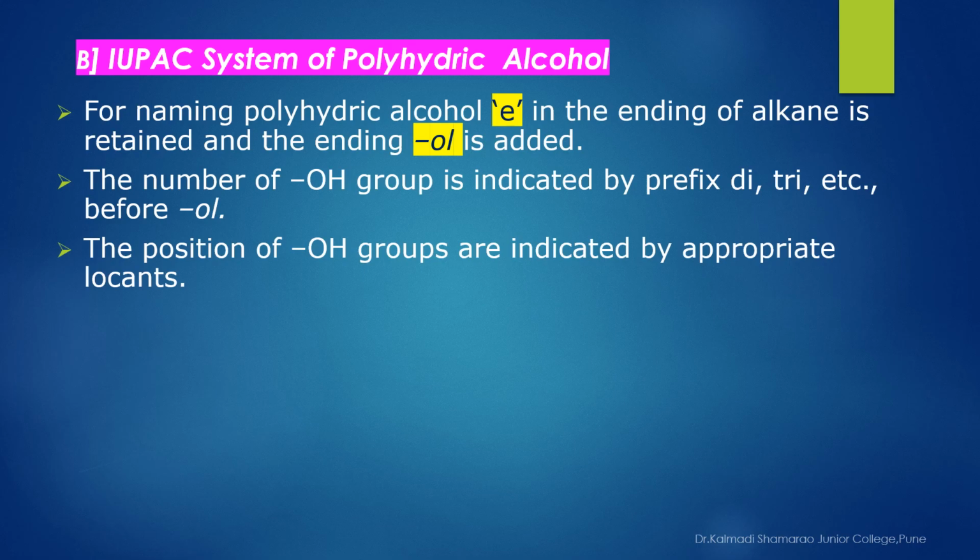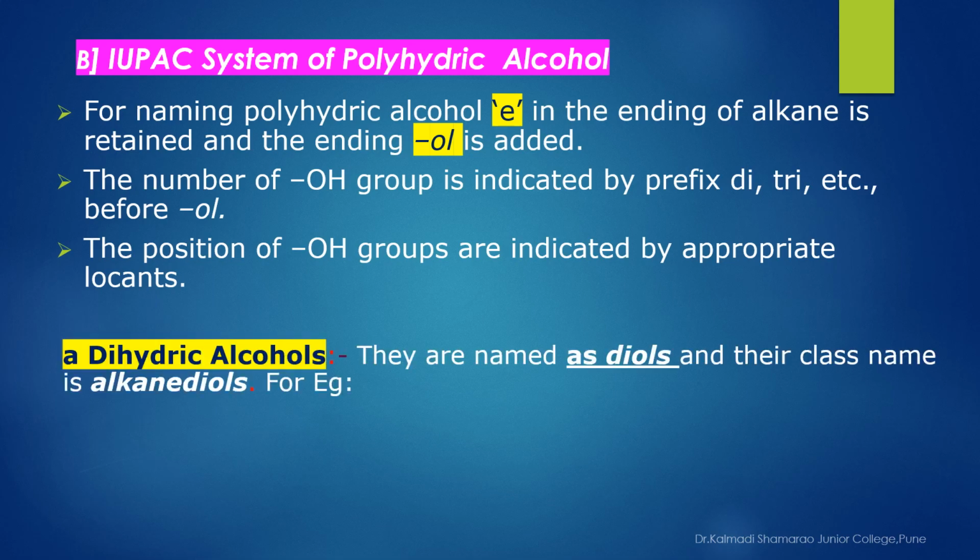The positions of hydroxyl groups are indicated by appropriate locants. Polyhydric alcohols consist of dihydric alcohols and trihydric alcohols. We will first begin with dihydric alcohols.